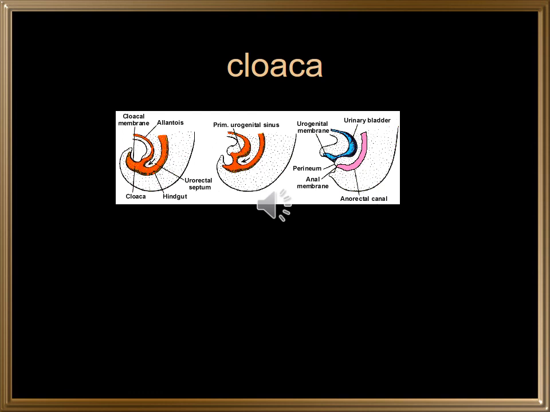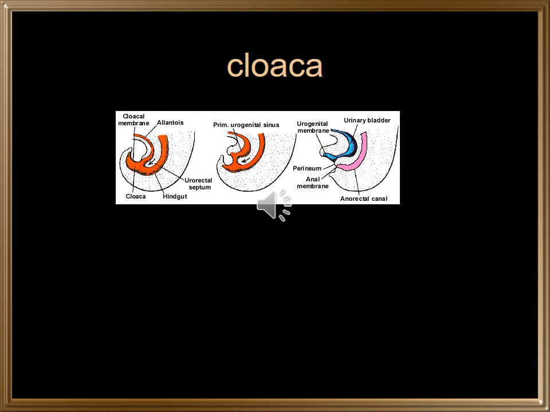So the lowermost part of the hindgut is common for two systems, the urinary system and the intestinal contents, and so it is called cloaca, and that's why the membrane that covers this part is called cloacal membrane.